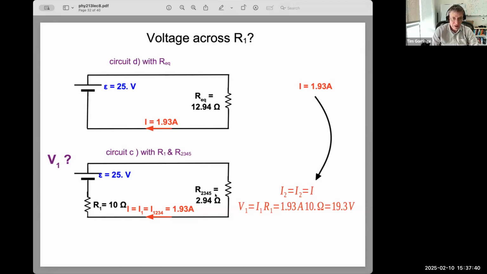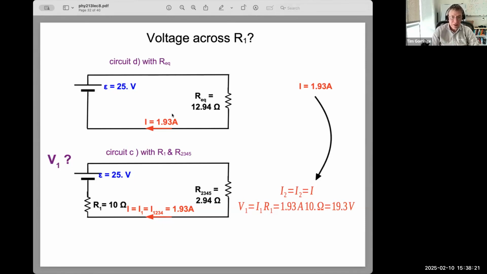It contains these two resistors that are in series with one another, connected across the 25-volt battery. So it's the resistor R1 we're interested in, and then this resistor R2345, we called it. It was the combination equivalent to the four other resistors in the circuit. The purpose of comparing these two arrangements is that this is a single resistor circuit and a pair of resistors in series circuit, which is the very problem that we started with when we started looking at resistors in series with one another.